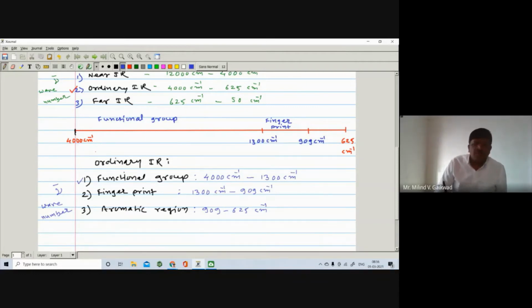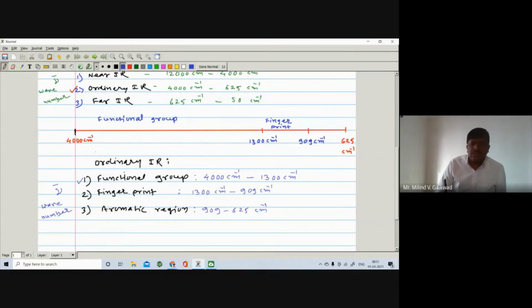Whatever functional groups you have learned, most of all the functional groups will appear between 4,000 centimeter inverse to 1300 centimeter inverse.